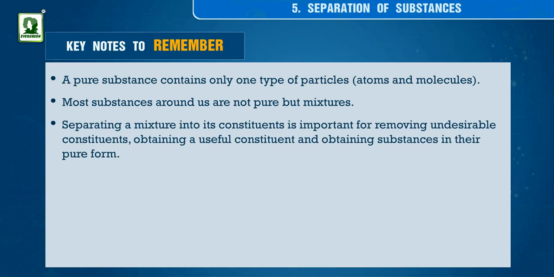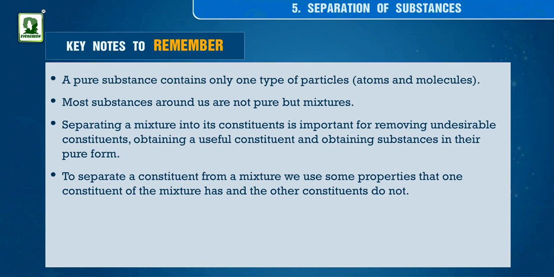Separating a mixture into its constituents is important for removing undesirable constituents, obtaining a useful constituent, and obtaining substances in their pure form. To separate a constituent from a mixture, we use some property that one constituent of the mixture has and the other constituents do not.